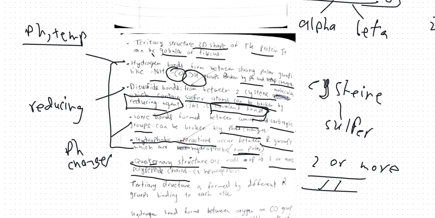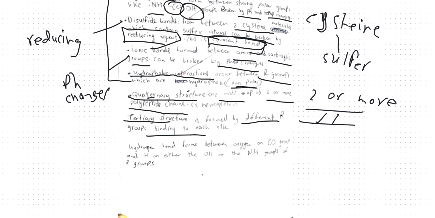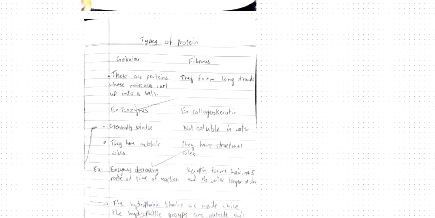Tertiary structure is formed by different R groups binding to each other. And hydrogen bonds form between oxygen and CO groups, as I told you earlier. So that was the types of structure you need to know.